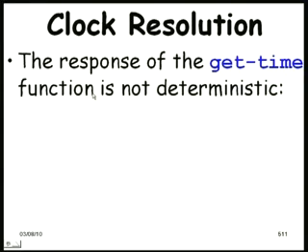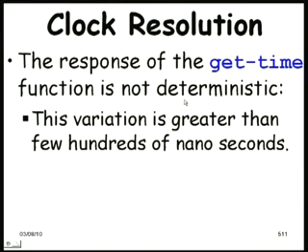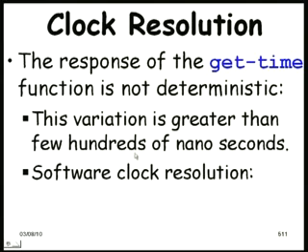It is not that every time it will complete in the same time. If it takes a few clock cycles to execute, it will not always execute in that much time, because it depends on what task is currently running, whether there are other interrupts and so on. So this variation in the completion of the get time function is much larger than several hundreds of nanoseconds.